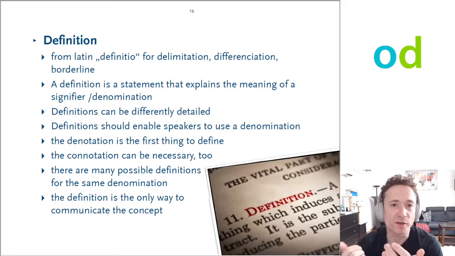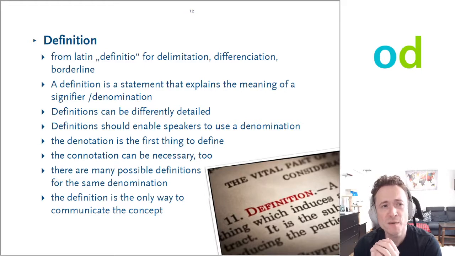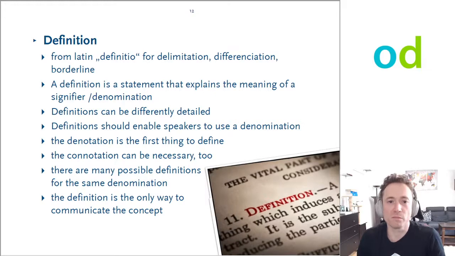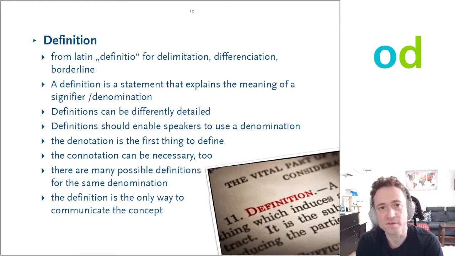Another case of a definition can be much longer. You have regular definitions in dictionaries, but you have also more extended explanations in the lexicon, like, for example, Wikipedia, where you can sometimes have long articles about a certain context and a certain concept. And these longer articles can also be considered a definition.